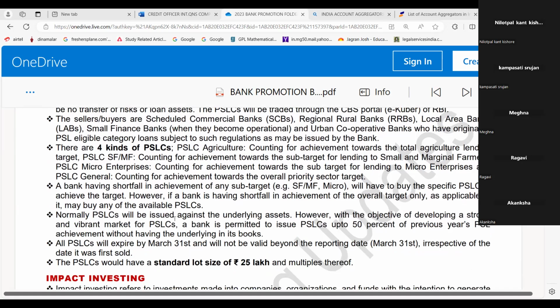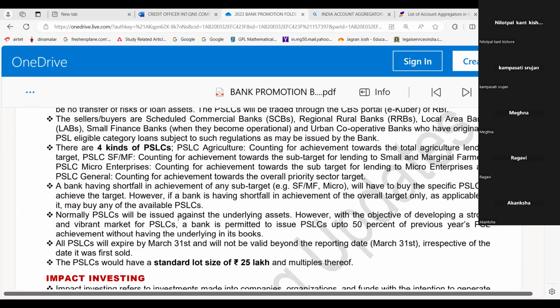There are 4 kinds of PSLCs. PSLC agriculture, counting for achievement towards the total agriculture lending target. PSLC SF or MF, small farmers or marginal farmers, counting for achievement towards the sub-target for lending to small and marginal farmers.